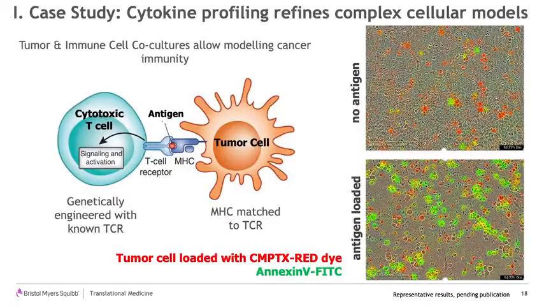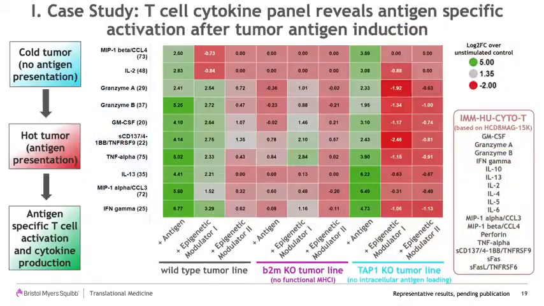T cell activation results in a very strong increase in cytokine production, so we frequently use the milliplex panels to quantify those changes. Specifically, we like to use the 17-plex that includes key T cell cytotoxic markers like granzyme and perforin.